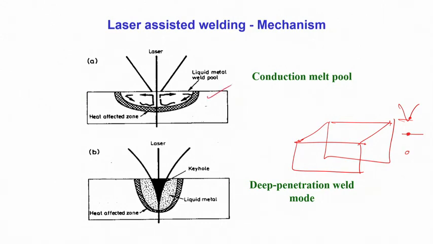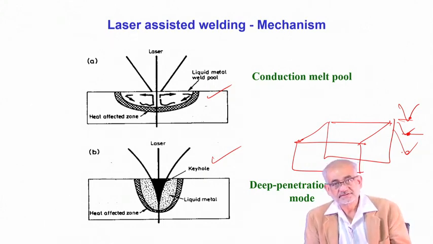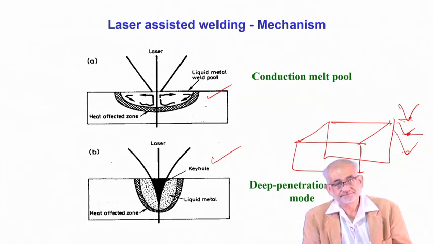If the focus is coinciding with the surface, or in particular is below the surface, in both cases you see a heating profile which is fairly deep penetrating. That's the typical keyhole type of joining, possible particularly when the focus is below the surface. Nevertheless, the advantage of laser-based welding is that you can do it in air.